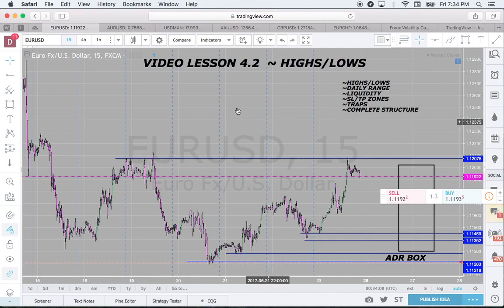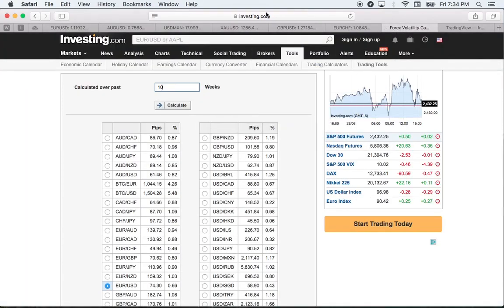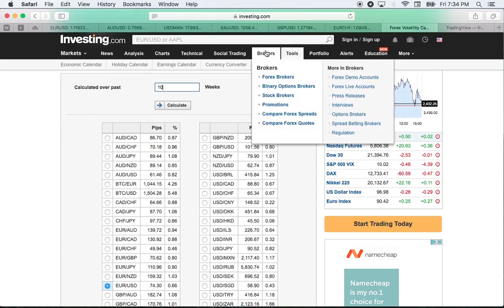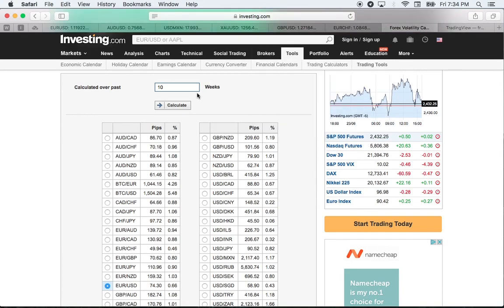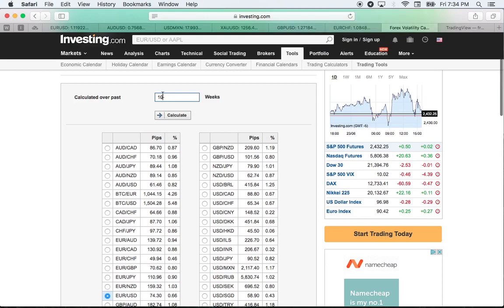So the Euro USD, this is on investing.com. If you type in Forex volatility calculator, you'll be able to find it really easily. And these are averages, you guys. Just remember that.